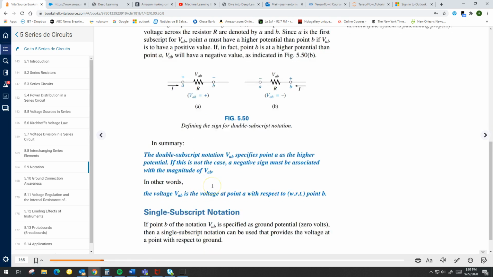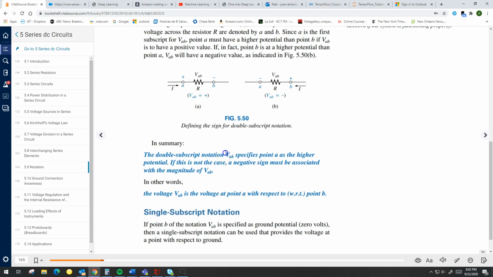Another way of saying that is that the voltage AB is the voltage at point A with respect to point B. So those are two very important ways of understanding the notation here.